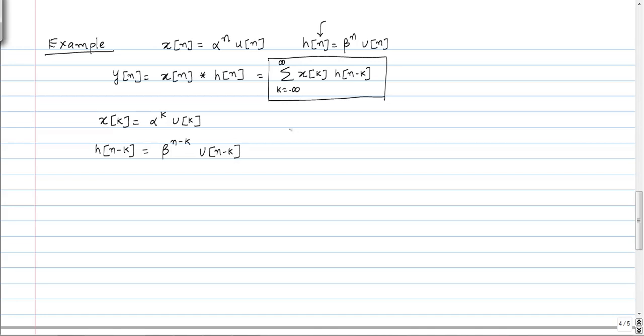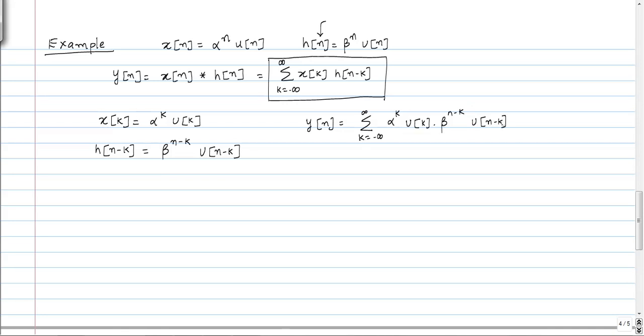So what I really want to evaluate now is the sum over all k of alpha to the k u of k times beta to the n minus k u of n minus k.